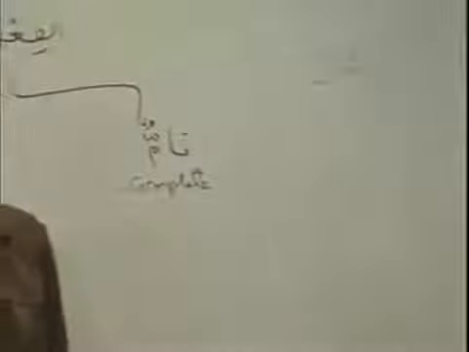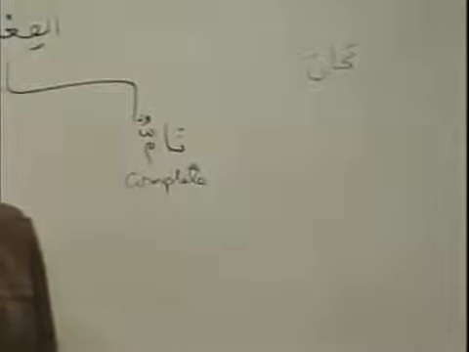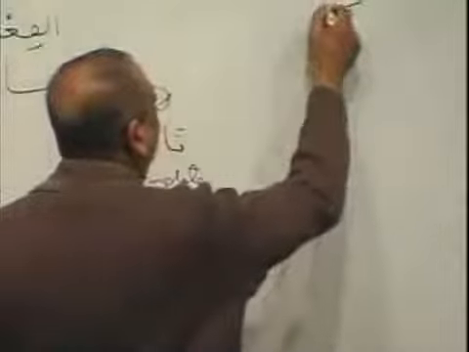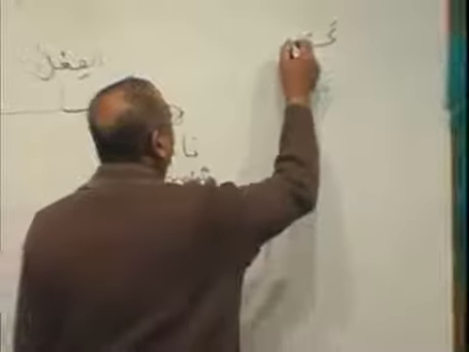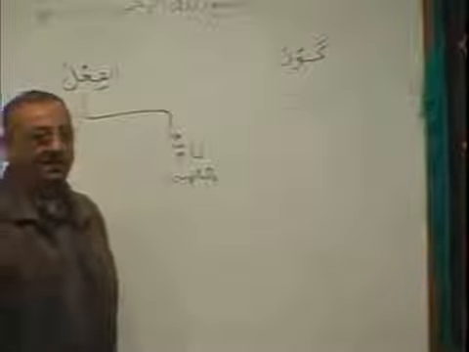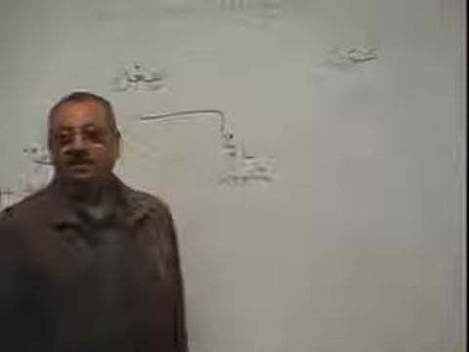Okay, brothers and sisters? So kana is an incomplete word. What is the root of kana? Ka wa nun. It is kawana. We are going to learn more in detail. But kana is madi.